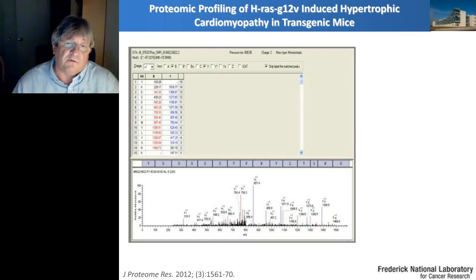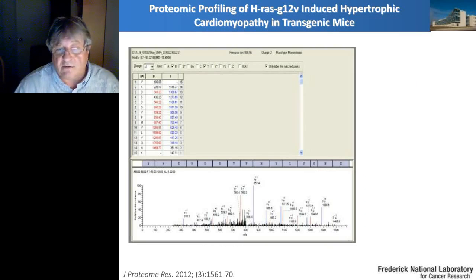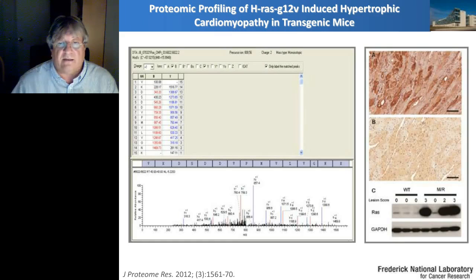First of all, for the people who are really mass spectrometrists, we wanted to see that we are able to identify HRAS in a mouse heart, and also that the expression of HRAS is confirmed with immunohistochemistry. That was something we wanted to show before we think of the relevance of our findings.